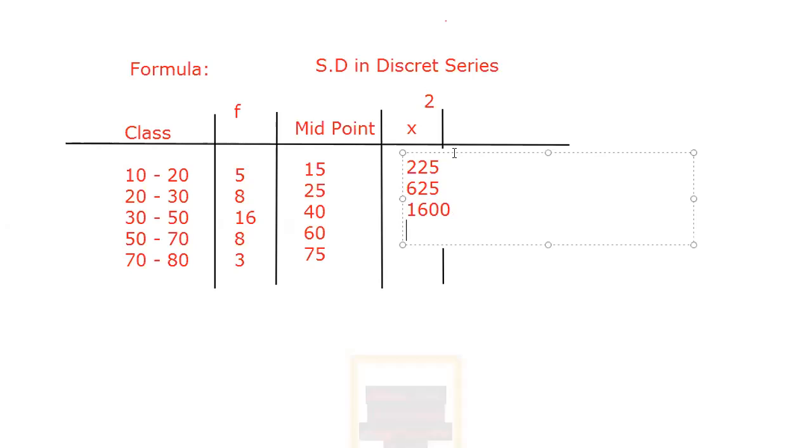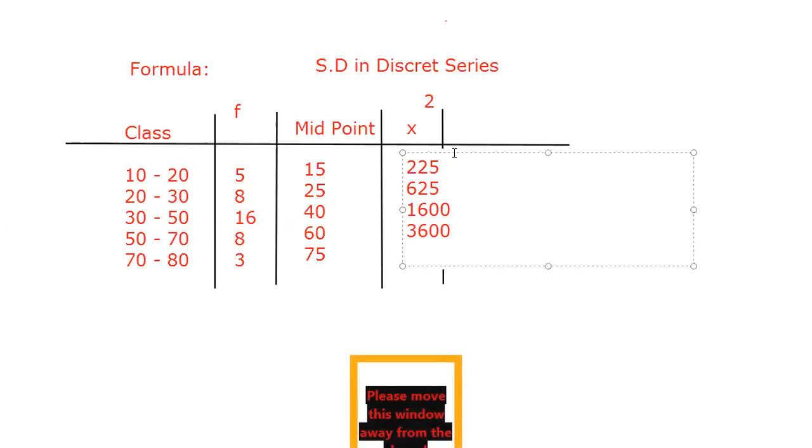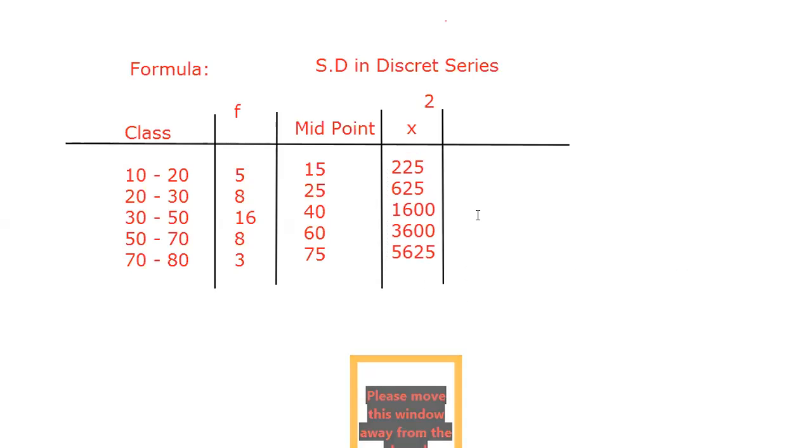Then 60 into 60, 6 sixes are 36, so 3,600. Then 75 into 75 is 5,625. So this will be our x square value. We found x square.